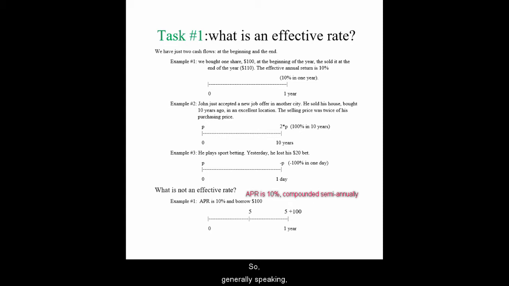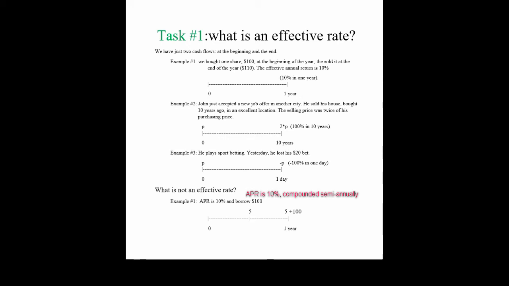Generally speaking, for an effective rate, we only have 2 cash flows, at the beginning of the period and at the end. For example, we bought 1 share at $100 at the beginning of the year and sold it at the end of the year at 110. The effective annual rate is 10%. So this is 10% in 1 year.